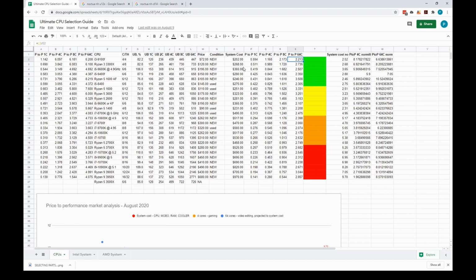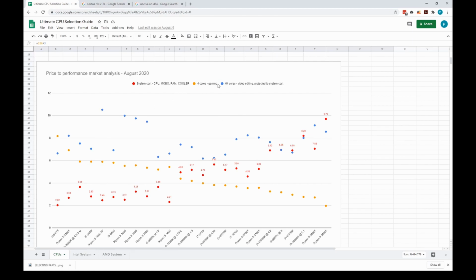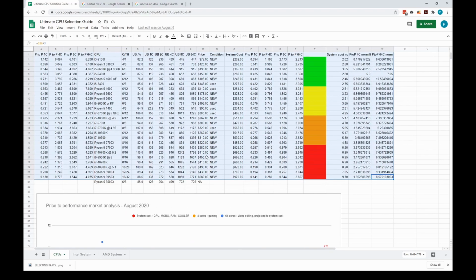Then I can select this whole range and sort it by price to performance 64, price to performance 8 core or 1 core. As it is right now, it is sorted by 4 cores. I consider 4 cores great for gaming, and therefore this coefficient here is on top, and this is for the i3 9100F.